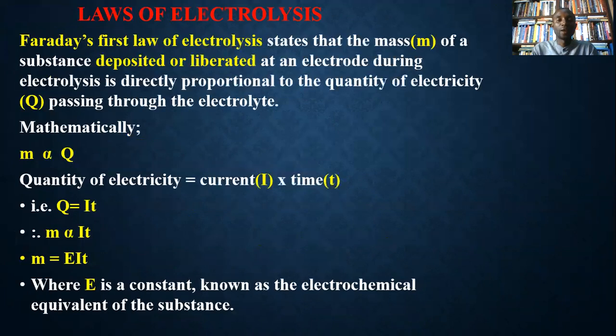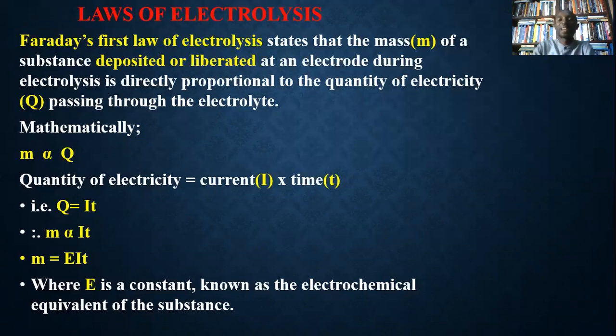All right, we need to look into the laws of electrolysis. We have 2 laws of electrolysis stated by a man called Faraday. One is Faraday's first law of electrolysis.